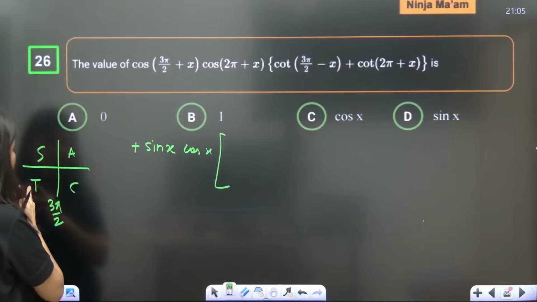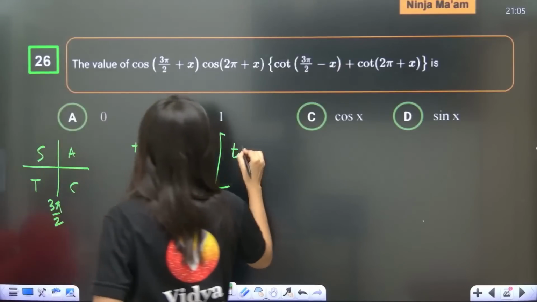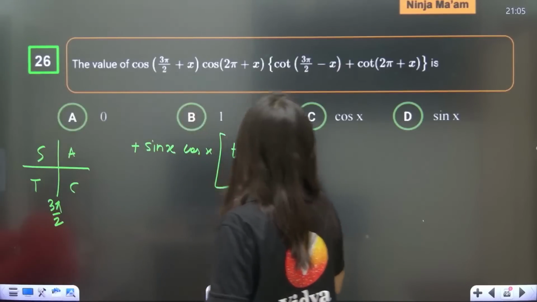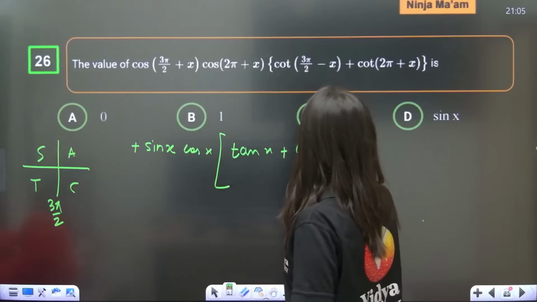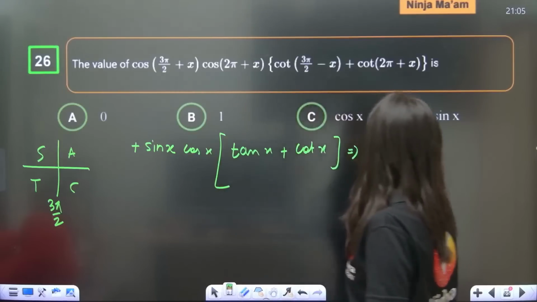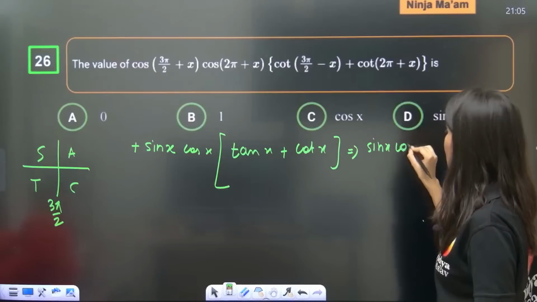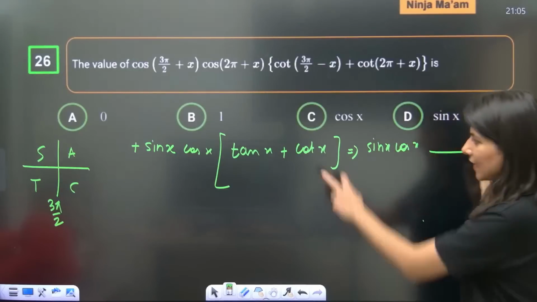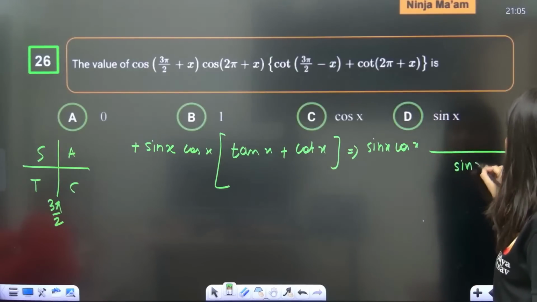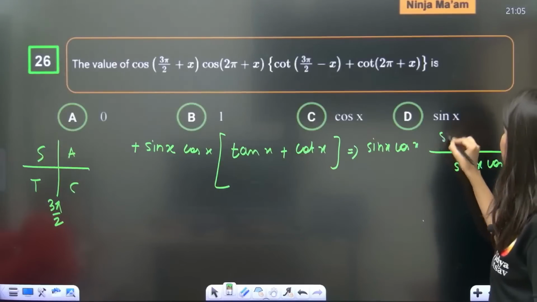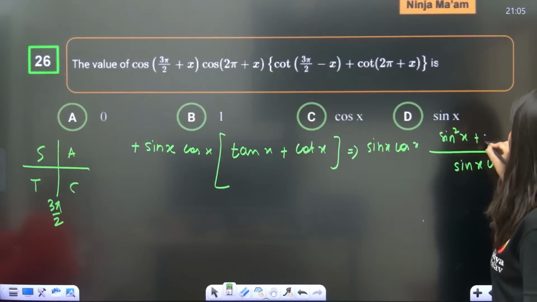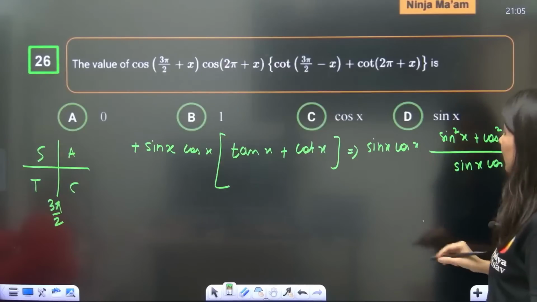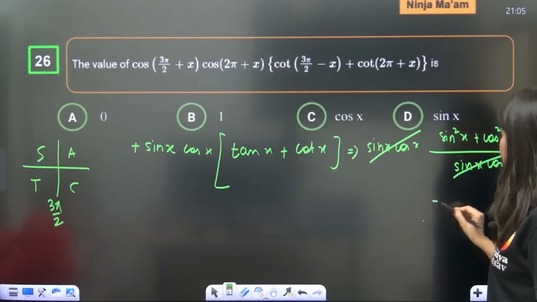Cot(3 pi by 2 minus x) will be tan x, plus cot(2 pi plus x) is cot x. That's it. So sin x into cos x, and then if you take LCM, this is sin x cos x over sin square x plus cos square x. So this is gone and this equals 1.